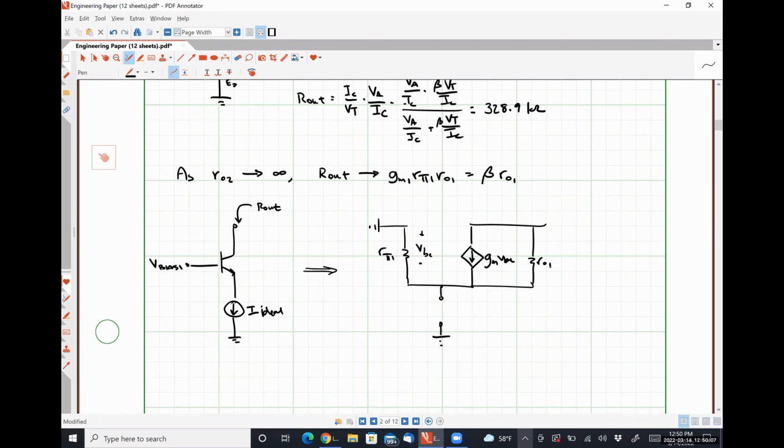Here's R naught 1. Here's our base, collector, and emitter terminals. And here is where we're looking in for R out.